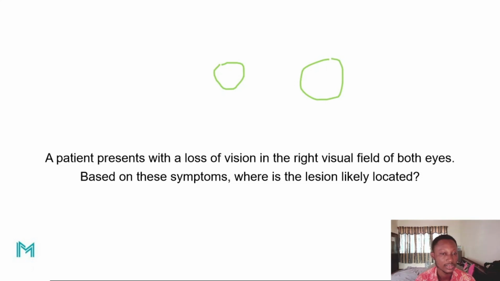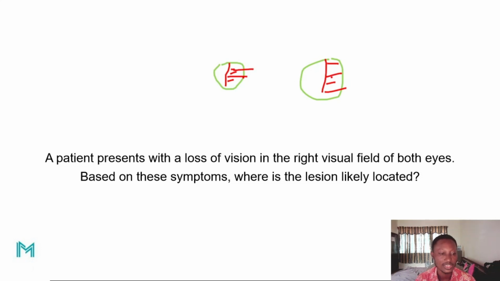If you draw this, right visual field loss looks like this in the right eye, and like this in the left. So this is how the loss of visual field will look.